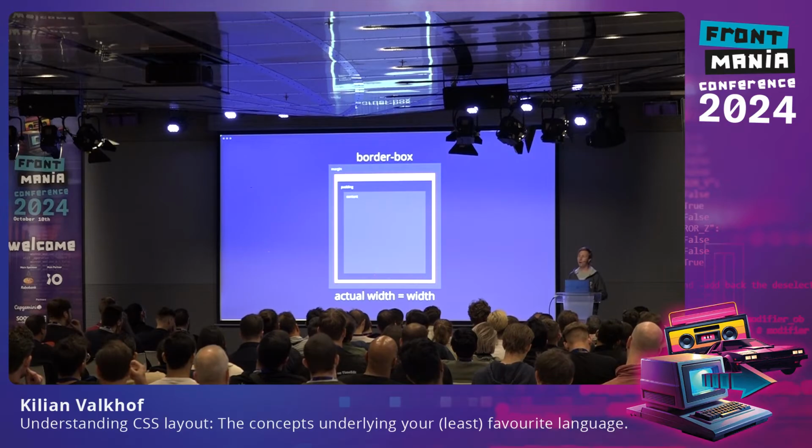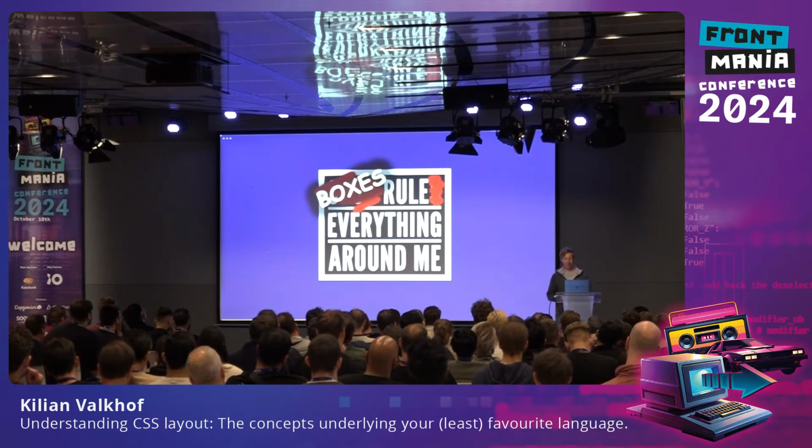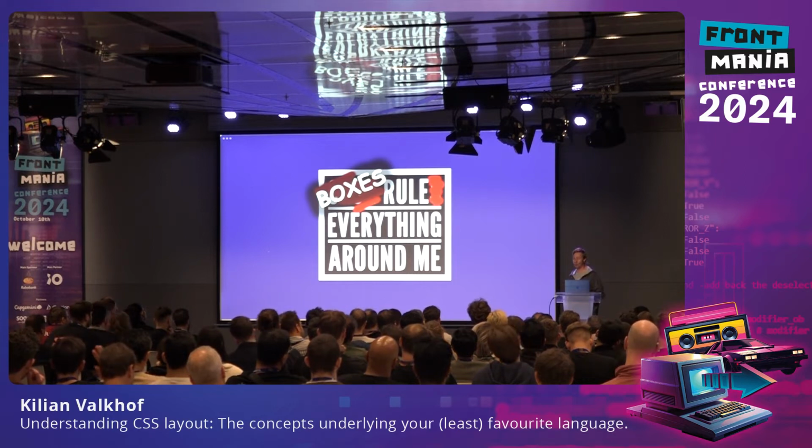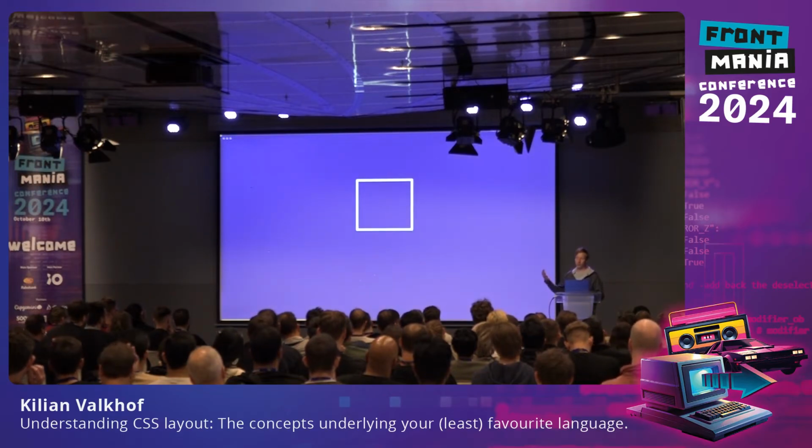But let's look at how these boxes actually get built. Because everything in CSS is a box. But box might not be what you think of as a box. So a block box makes sense. The element is a rectangle, and there is a border on all of the edges.